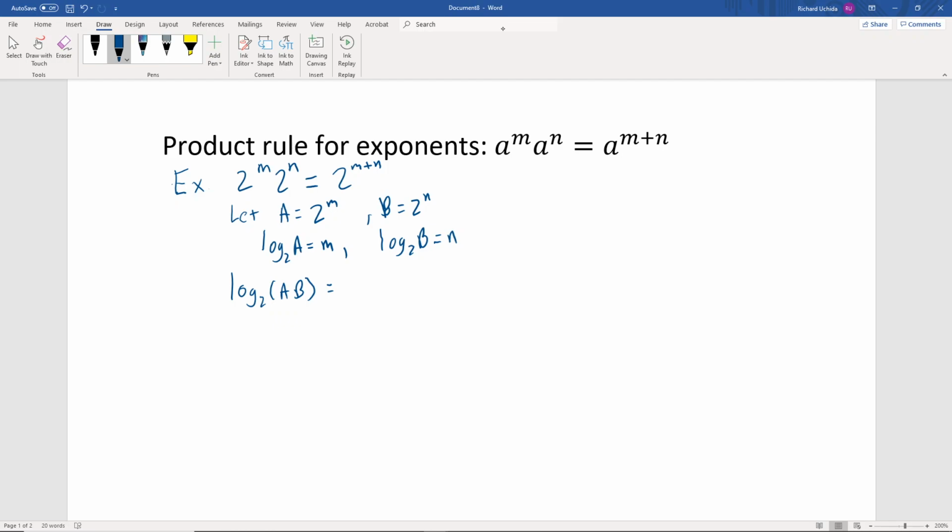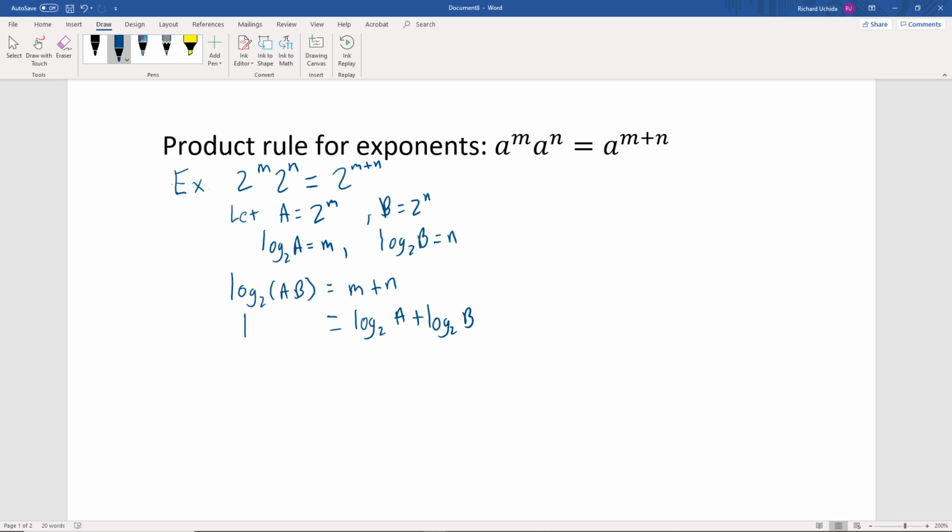Well, from the product rule for exponents, the power we need to raise 2 to to get 2 to the m times 2 to the n is m plus n. And then just substituting back in what m and n were equal to, m is equal to log base 2 of a, plus log base 2 of b for n.